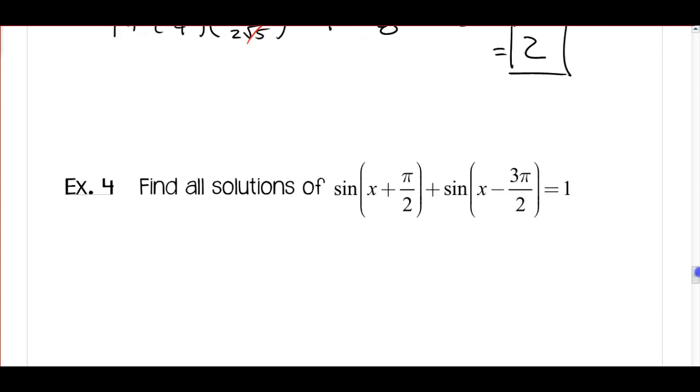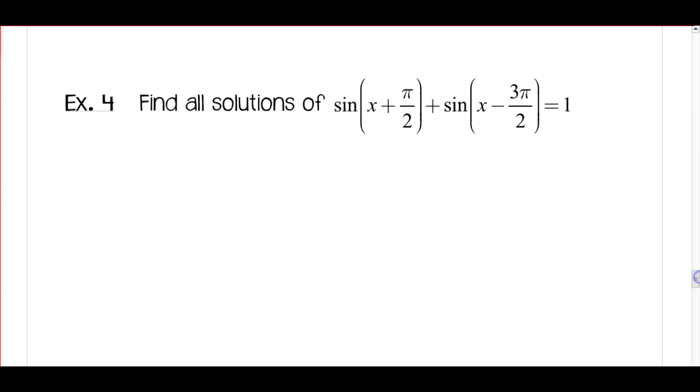Moving on to our fourth example, we want to find all solutions of this equation. So let's use our sum formula and our difference formula for sine and simplify these a little bit. So this first part here is going to be sine x cosine pi over 2 plus cosine x sine pi over 2.